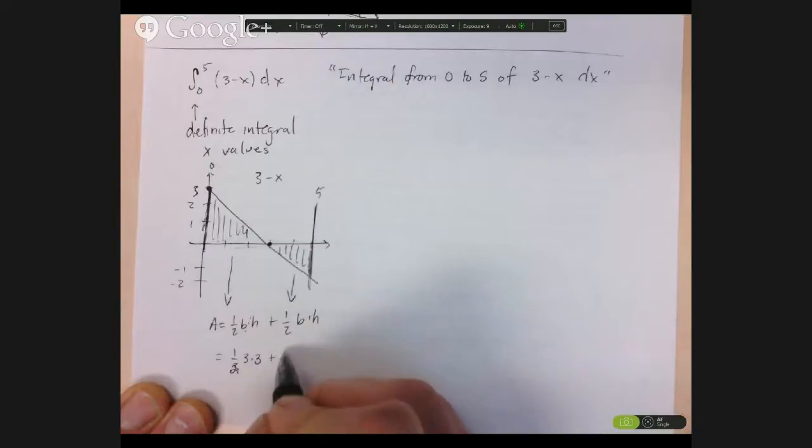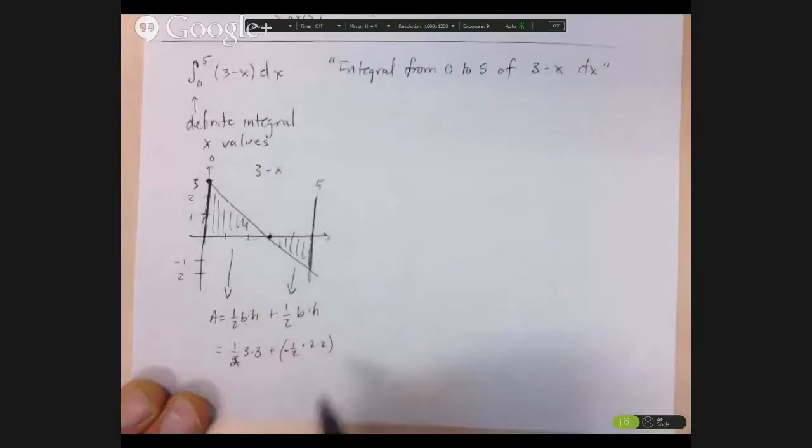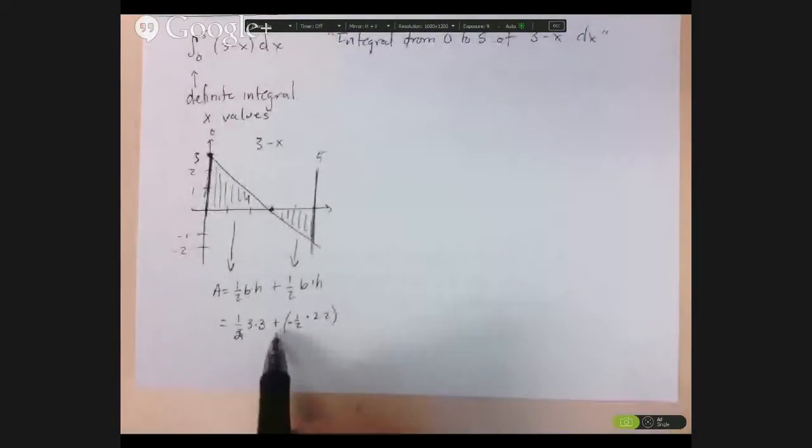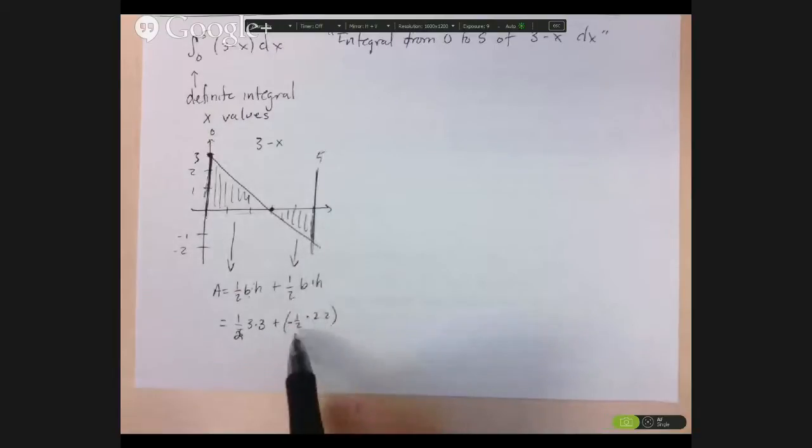Yeah, it is going to be minus. And the base 2 by 2. There are a couple ways to represent that. Some people just put a minus sign because it is below the x-axis. That's fine.